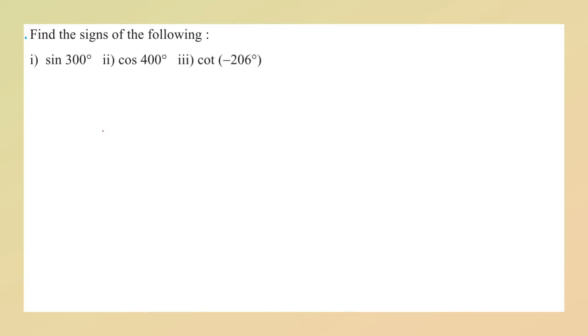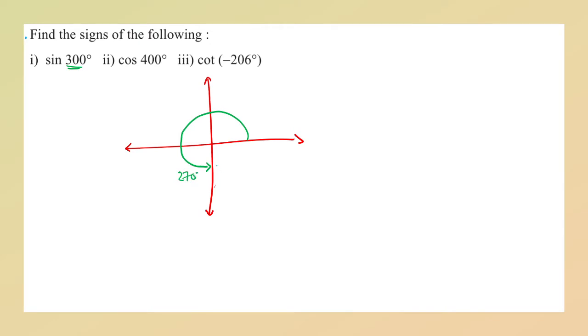The first question is, this 300 degree comes in which quadrant? So I'll just try to make the quadrant first of all. So this is my y-axis, this is my x-axis. Now I'll try to draw where the terminal arm of this angle 300 lies. If I go like this, it is 270.